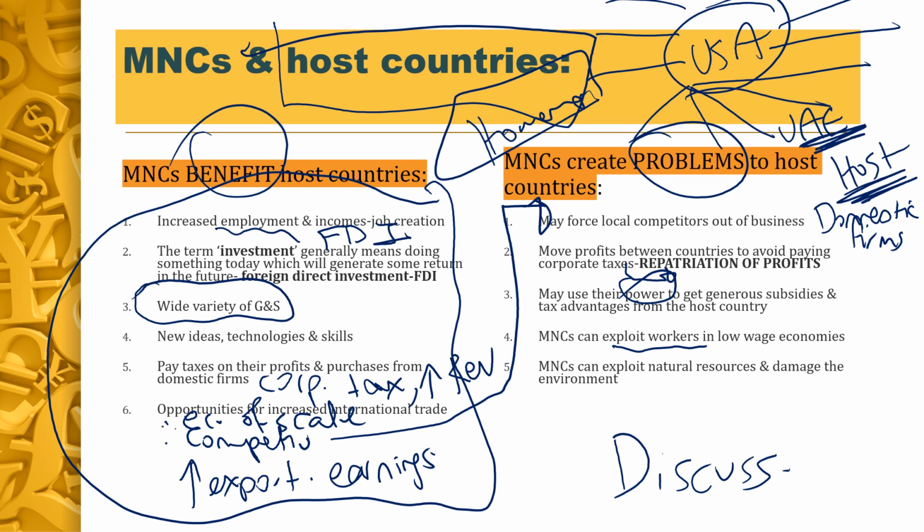As we said, they are operating in countries with lower labor cost, so they are taking advantage of these poor workers. And finally, they can exploit the natural resources of the country, which, as we discussed before, is the depletion of resources. At the same time, this would create external costs, which is the damage to the environment that they are creating.